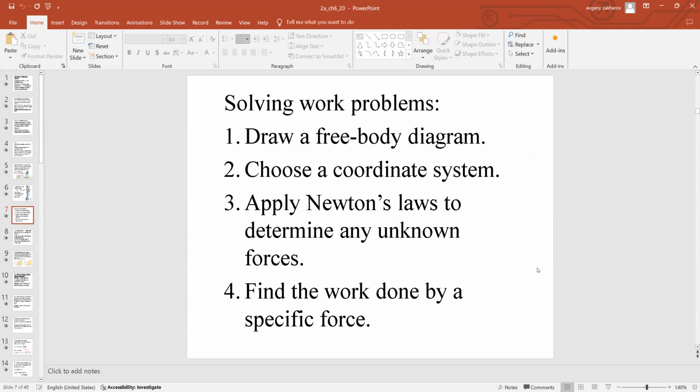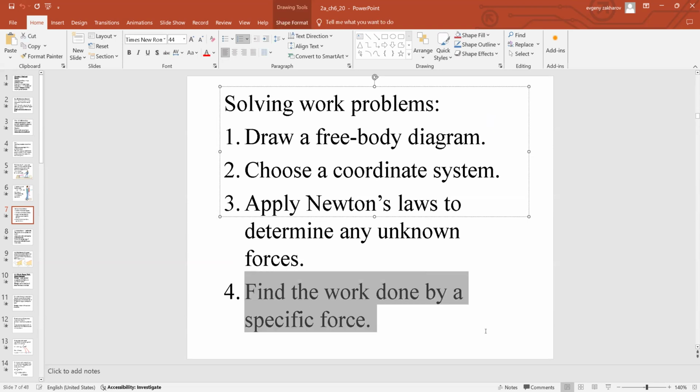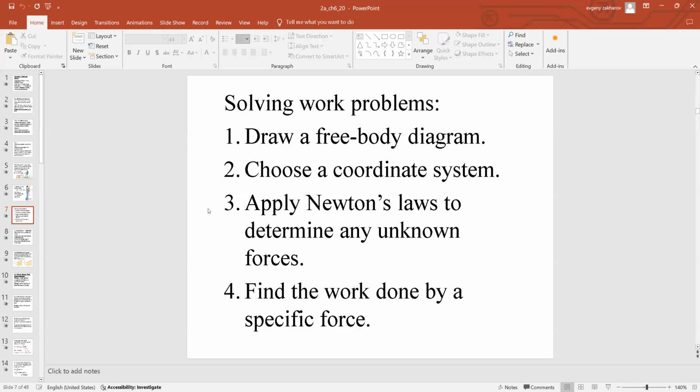If kinematics is given and you figure out acceleration, then you can figure out the force, and then you want the work done by that force. That would be the strategy to solve such a problem. So we're still working with what we had before, and on top of it, now we have to calculate work done. Or maybe backwards: you start with work done, and from there you can figure out the forces, and then acceleration, and then all the kinematics parameters.